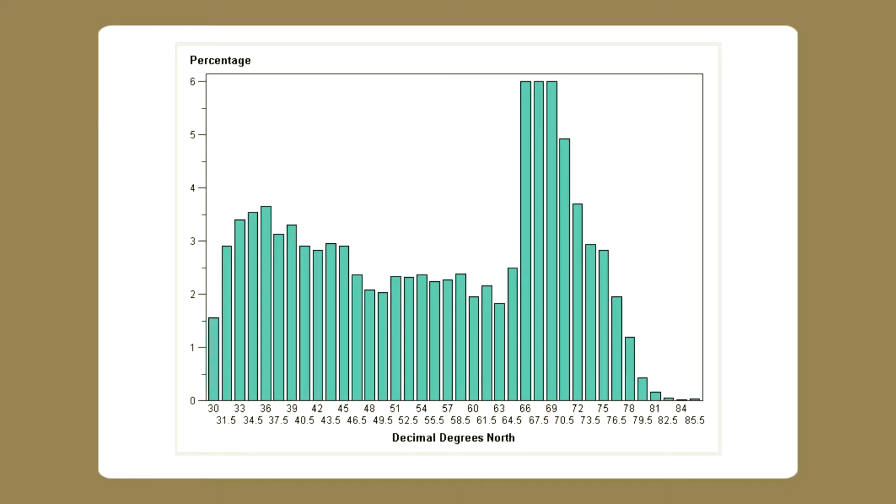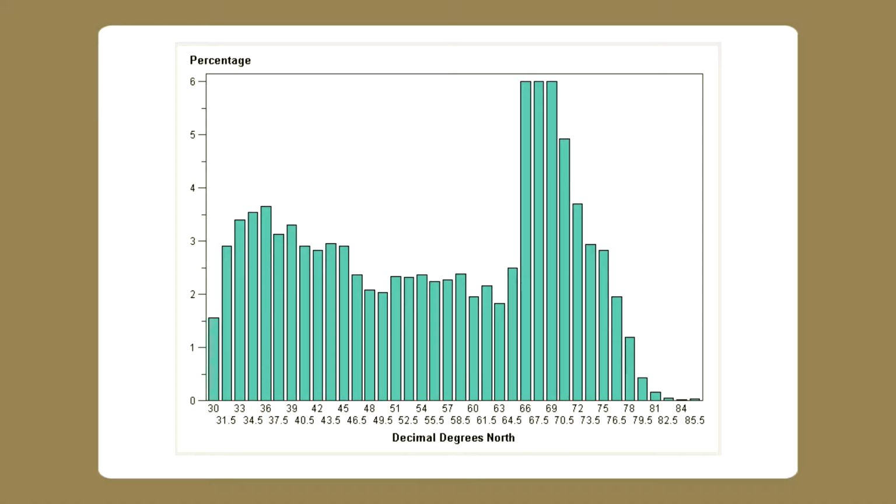From the Mars crater data set, we also display the latitude of the Mars crater's rims. The values are concentrated around 66 to 69 decimal degrees north, and again around 36 decimal degrees north.